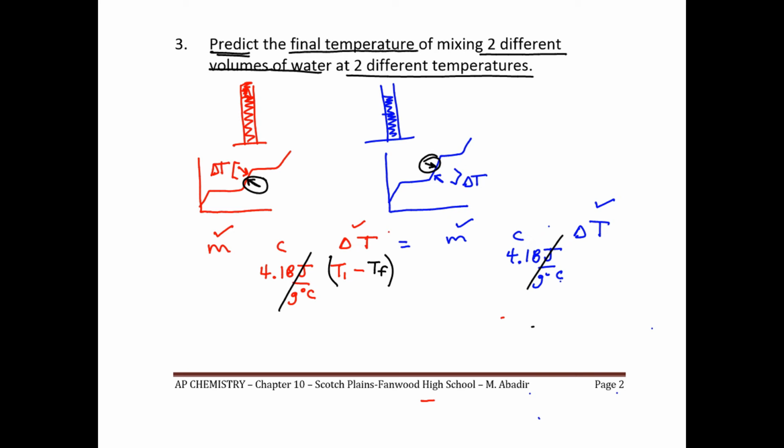Whereas over here, the final temperature is higher than the initial, so you're going to take Tf minus the first temperature. And then, of course, you need the mass of each one. So the goal of this lab is, can you predict the final temperature mathematically and then see how well you do with it? You could obviously, after the fact, calculate what the final temperature should have been and then see how it compares with your results.